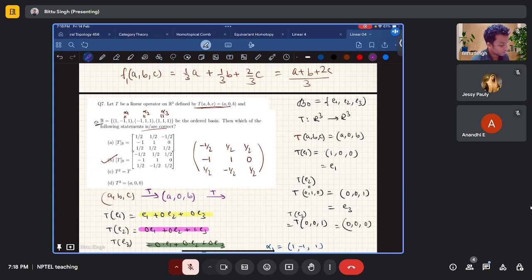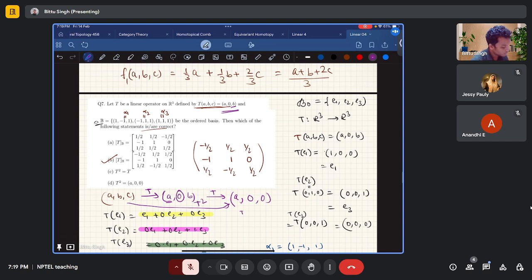T makes the second coordinate 0, and the first coordinate remains the same, which is A here, and the third coordinate is obtained from the middle, by definition of T. So the third coordinate will be 0. So this is actually T square. T square is not T, because T and T square are different.